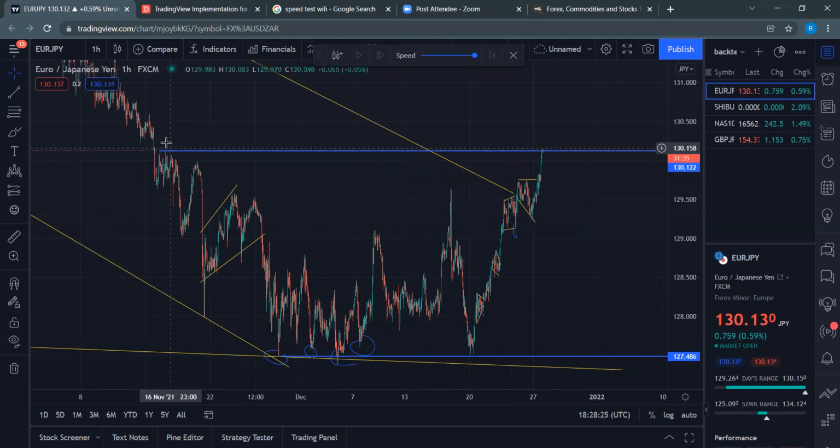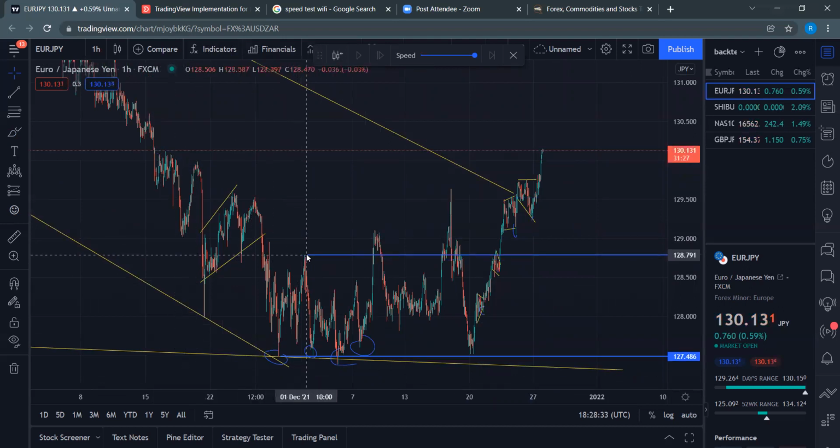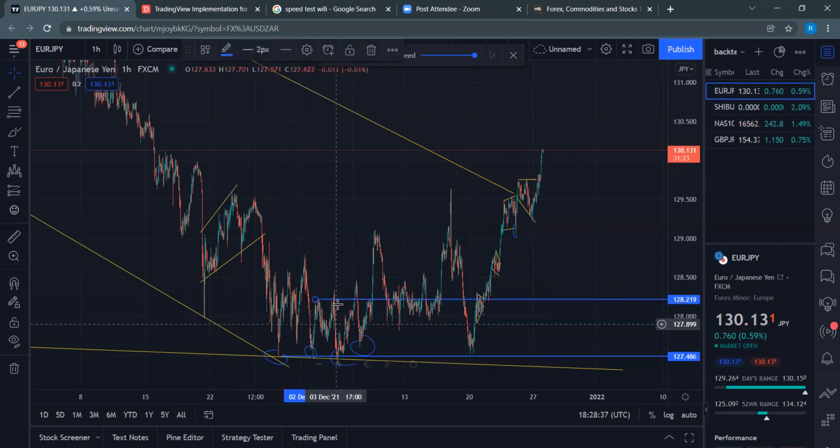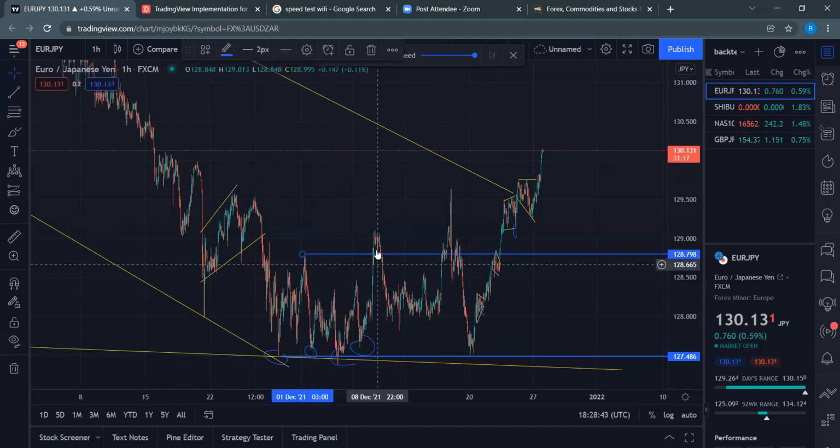You remember I once sent you a screenshot on how to draw the previous highs. From here, as you can see, these were the previous highs. They got broken, and then the trend changed. Then this move came here to the previous highs, a double top, and it went down. Then we moved to these other previous highs, again a double top, and it went down.